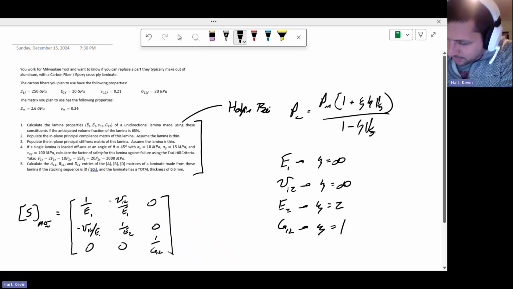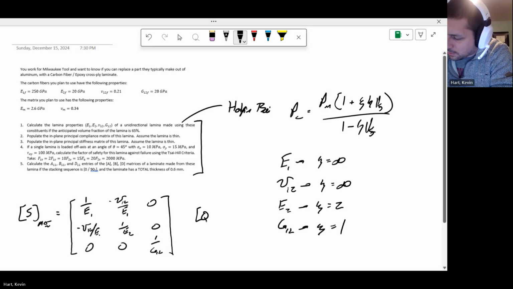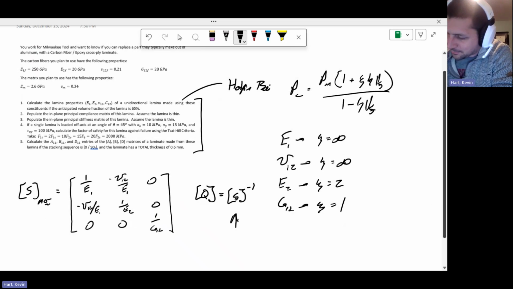So that is your compliance matrix. No problem. Then populate the in-plane principal stiffness matrix. The stiffness matrix, Q, is just this inverted, so if your calculator has the ability to do that, okay.